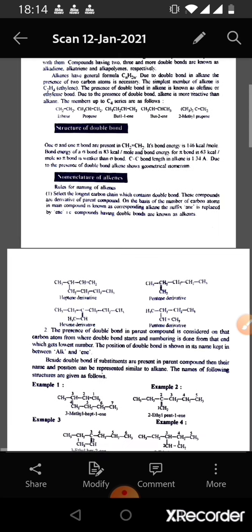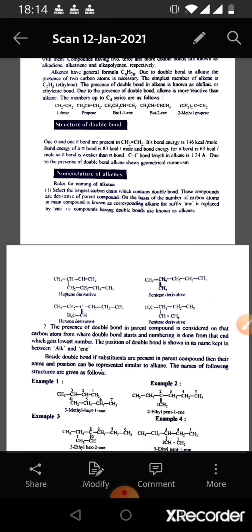Now let's see the structure of the double bond. One sigma and one pi bond are present in ethene. Its bond energy is 146 kilocalorie per mole. The bond energy of a sigma bond is 83 kilocalorie per mole and the bond energy of a pi bond is 63 kilocalorie per mole. So we can say that the pi bond is weaker than the sigma bond.